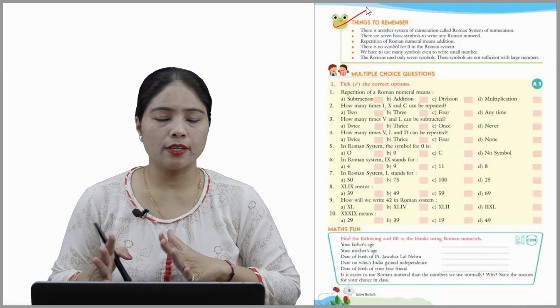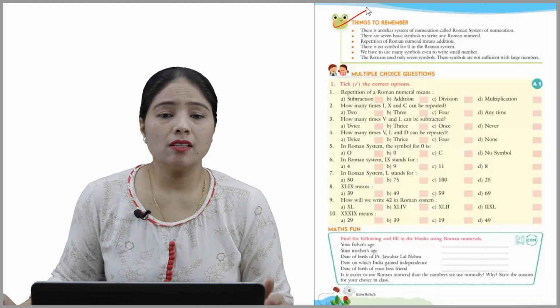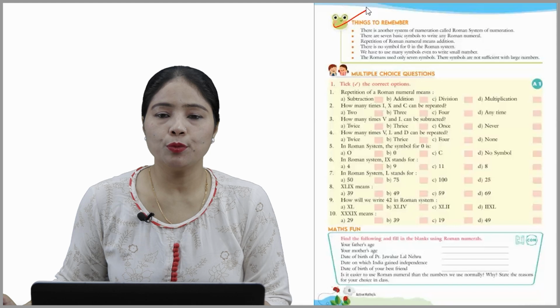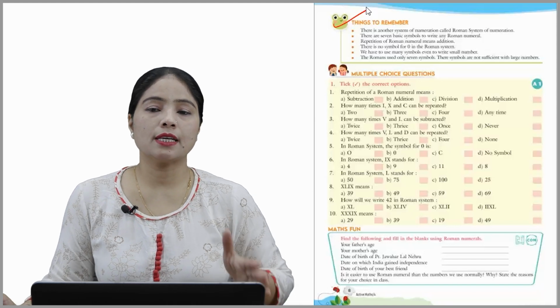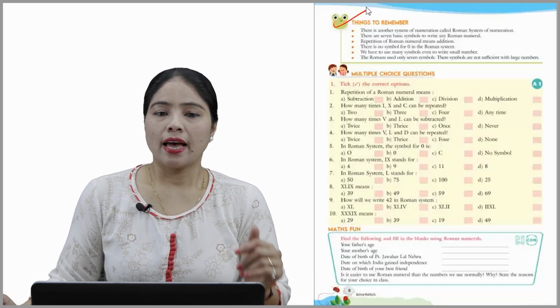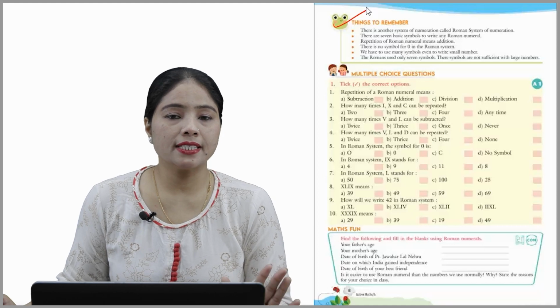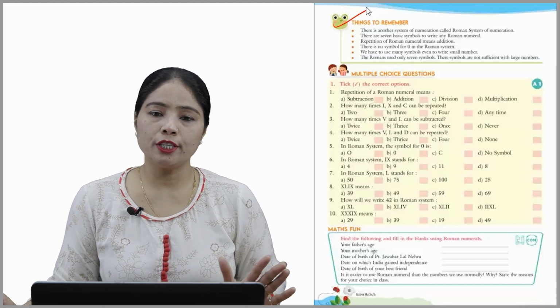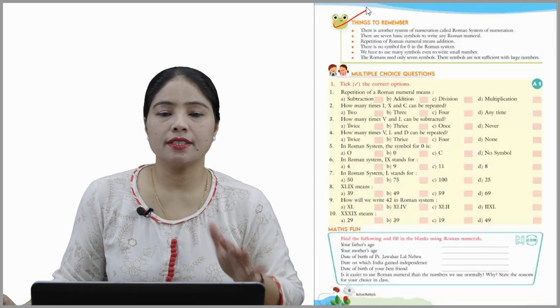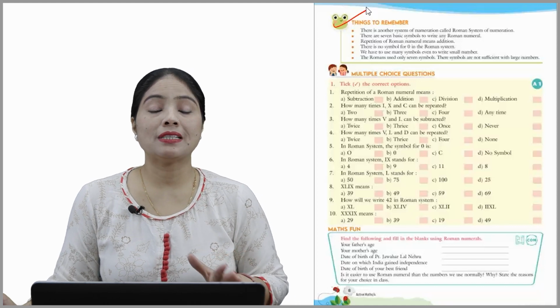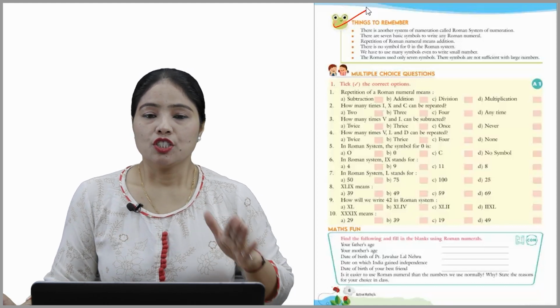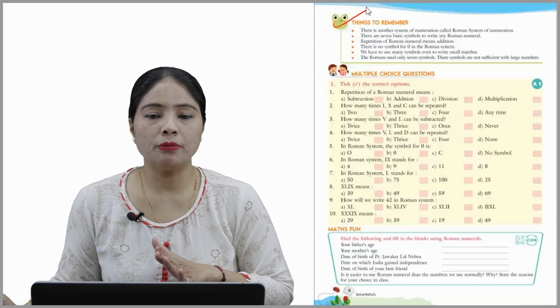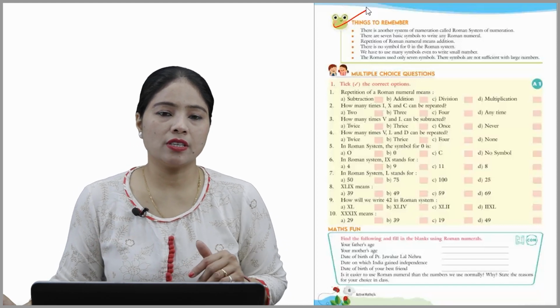Things to remember. So first one is there is another system of numeration called Roman system of numeration, and there are 7 basic symbols to write any Roman numeral. Third one is repetition of Roman numerals means additions. जब हम repeat करते हैं Roman numerals को means हमें क्या करना है, additions.